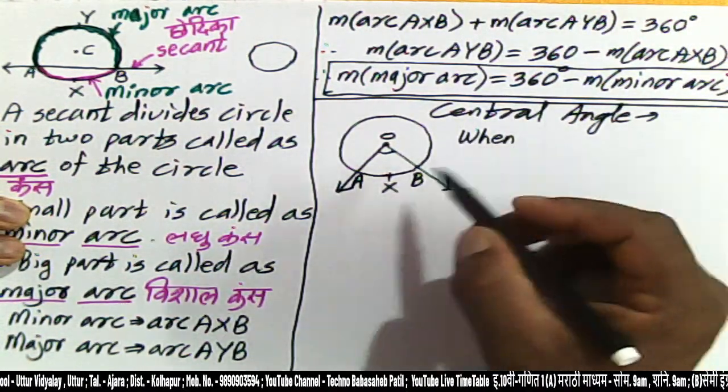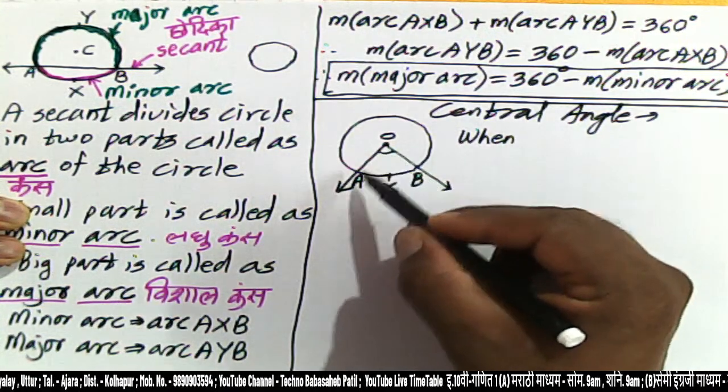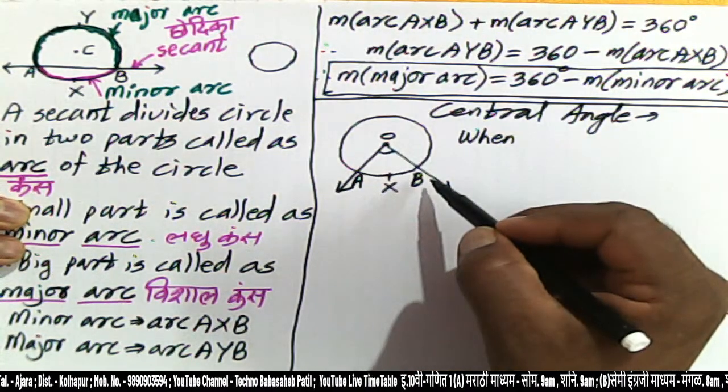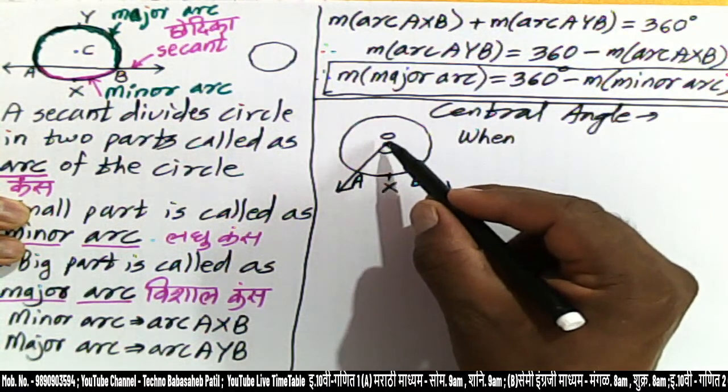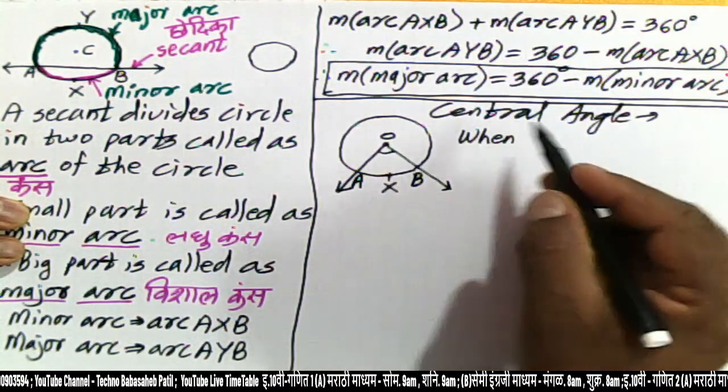When the vertex of an angle is the center of the circle, it is called a central angle.